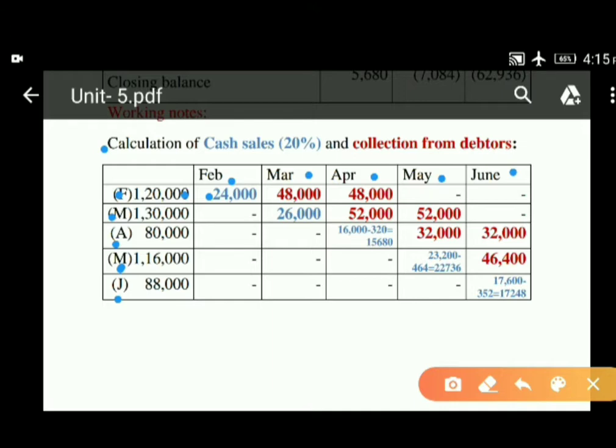So here what is the condition? Here what is the adjustment? Here the adjustment is 20% sales are cash sales and the remaining amount should be collected in 2 subsequent months equally అన్నాడు. అంటే 96,000 should be collected equally in 2 subsequent months.